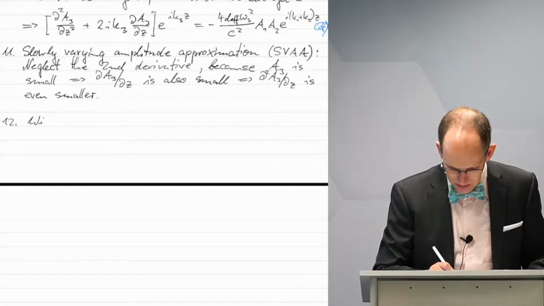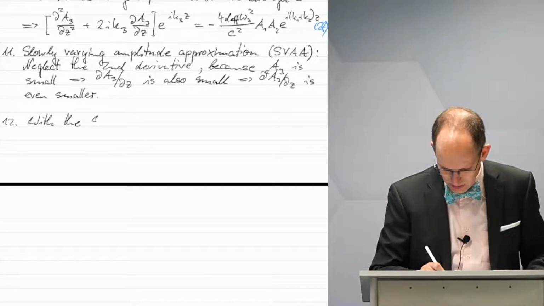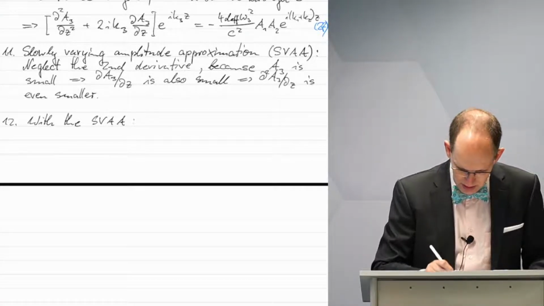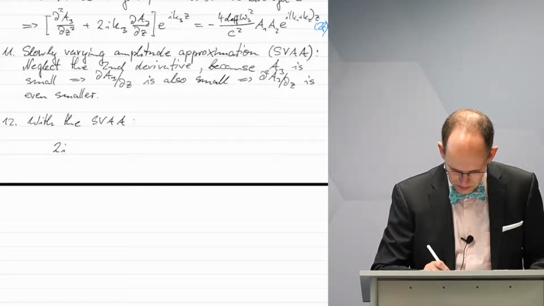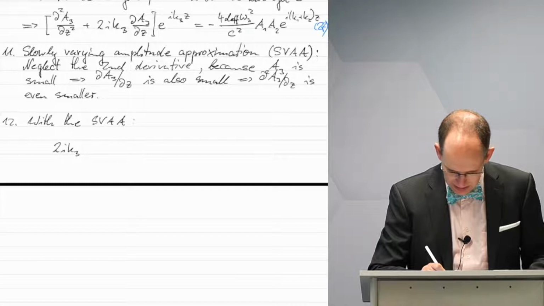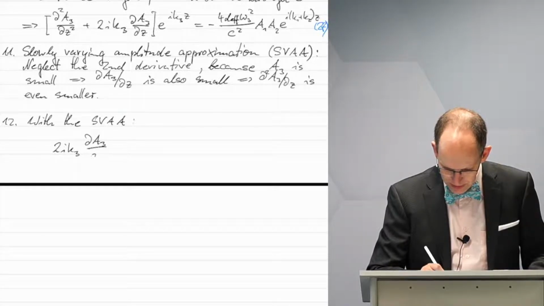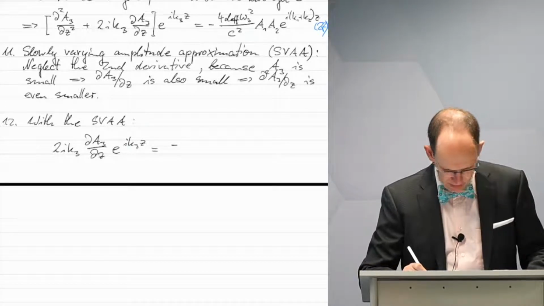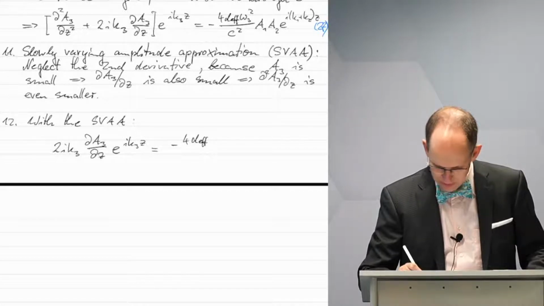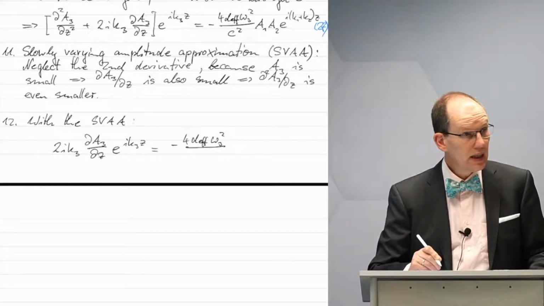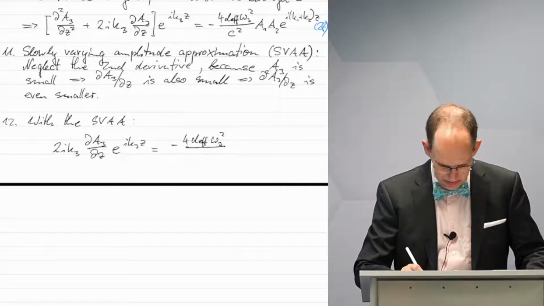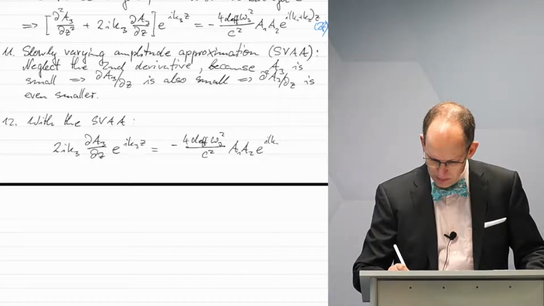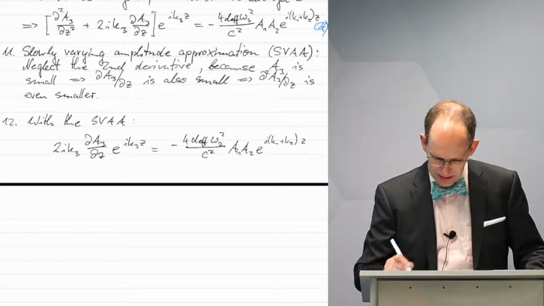Okay, so now we use the slowly varying amplitude. With it, our equation assumes the form: 2 times I k3 times the derivative of A3 times e to the I k3 times z is equal to minus 4 times the effective nonlinearity omega 3 squared divided by c squared, and then A1, A2, e to the I k1 plus k2 times z.